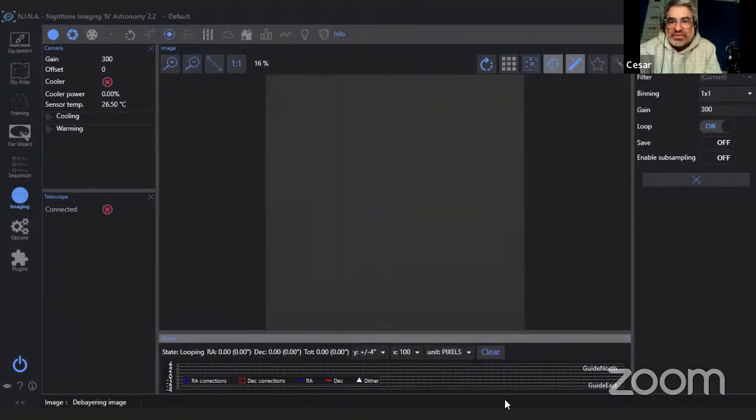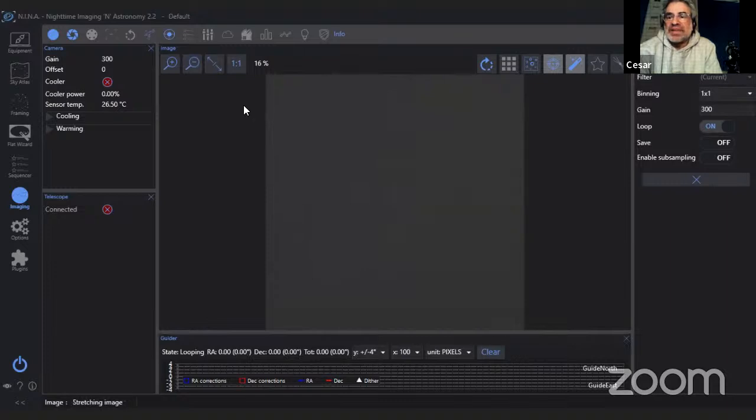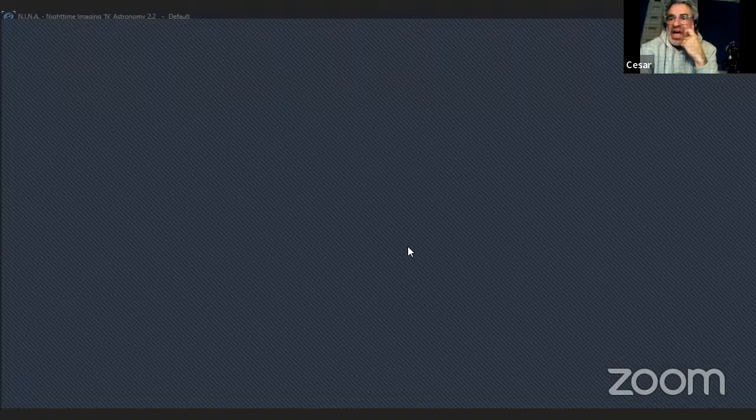Yes. We can move the telescope a little. I see some faint stars. Maybe it's imagination. Let me check, is it out of focus? No.